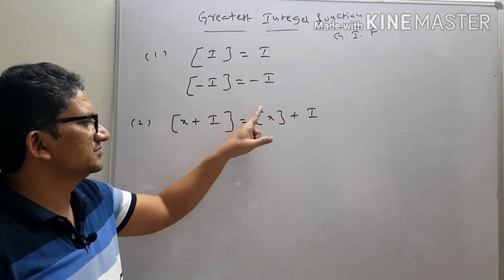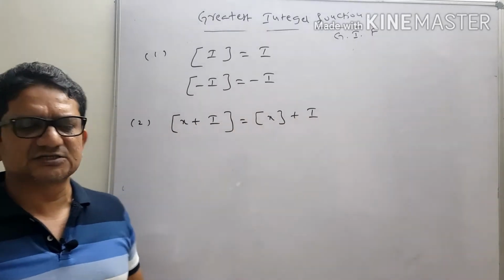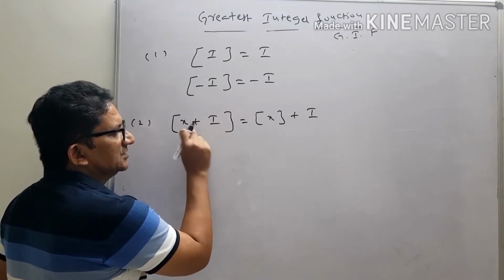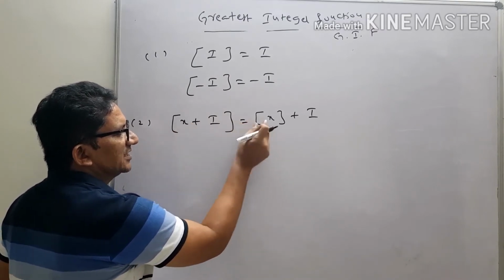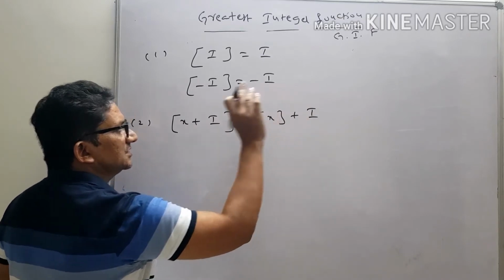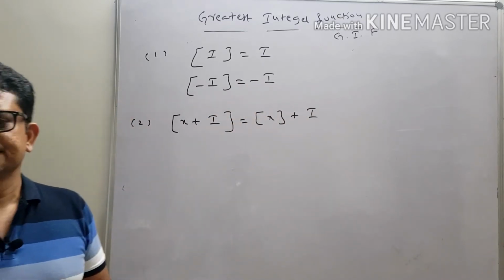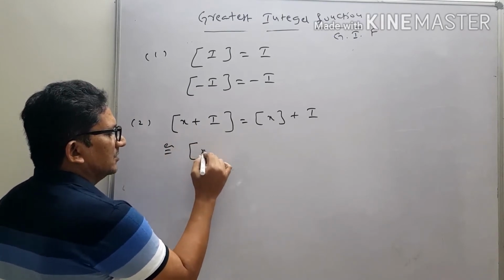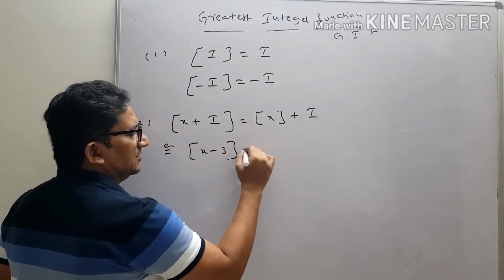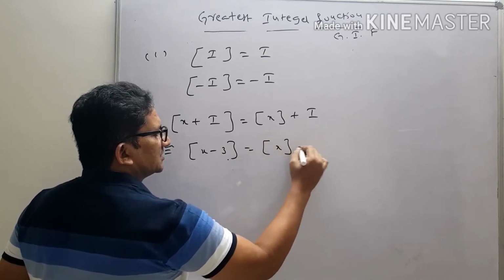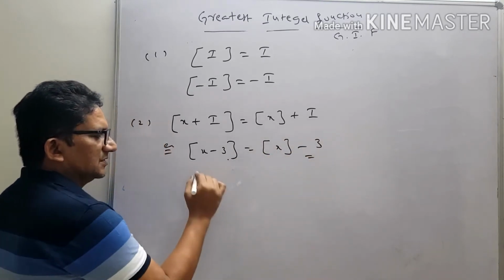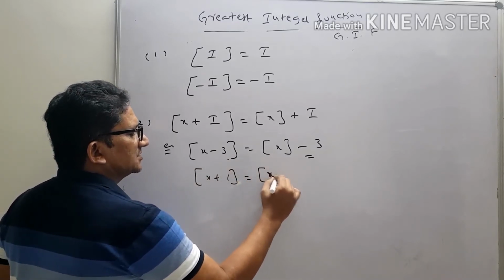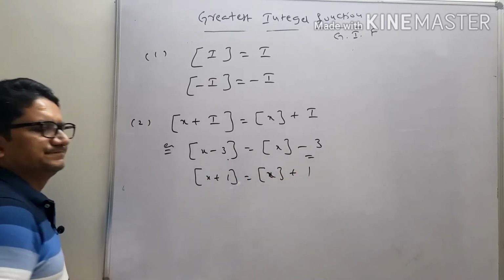If minus is there, you will write box of x minus I. It is always true: if you have x plus an integer, we can keep that x separate and the integer separate. For example, box of x minus 3 we can write as box of x minus 3, or box of x plus 1 we can write as box of x plus 1 separately.